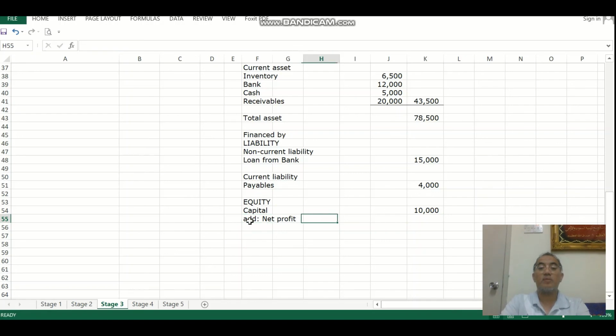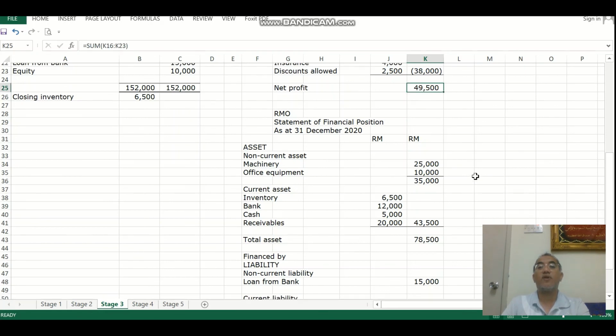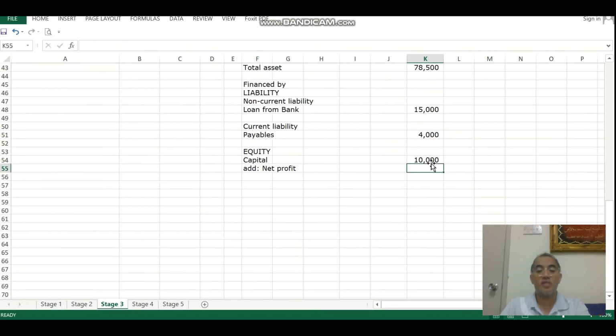So your net profit, if you have profit, it will increase your capital. If you have losses, your capital will be reduced. Eventually, you will go bankrupt. So when you have profits, you will become wealthy or prosper. So net profit is 49,500. So I just take here 49,500.